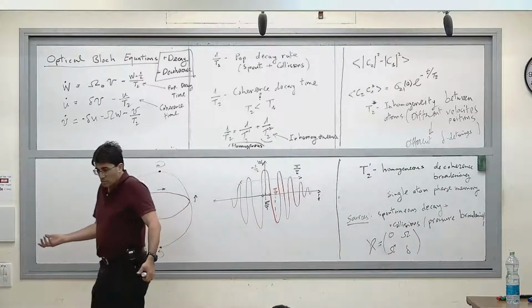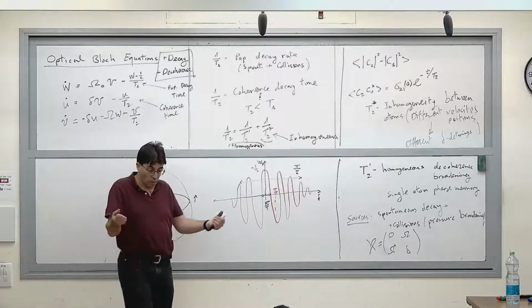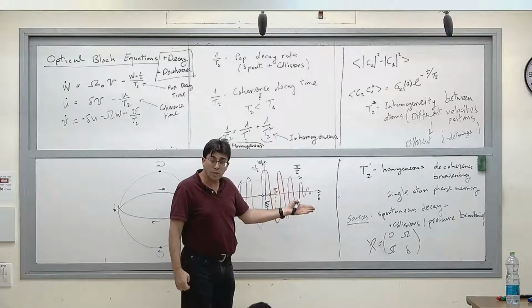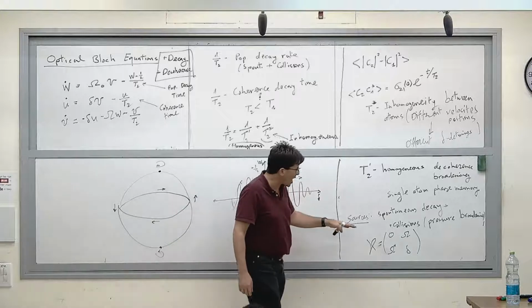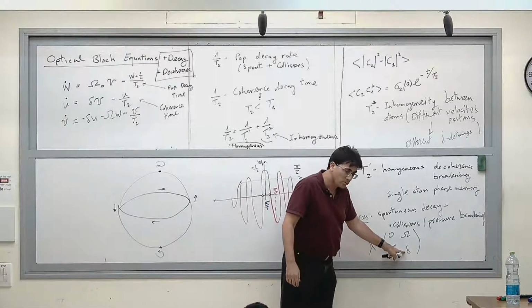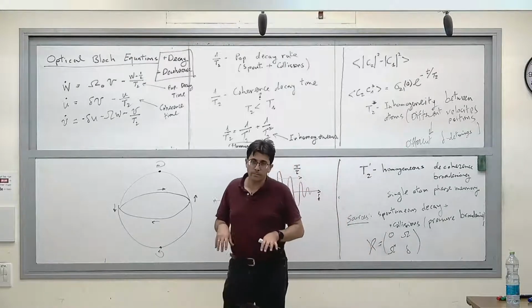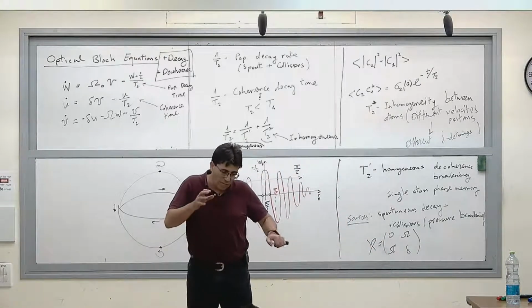But there are other terms. When two atoms collide, then this Hamiltonian is changing. What does it change? It means that for a while, these levels, the ground and excited, are shifted somewhat. They get shifted slightly and go back.